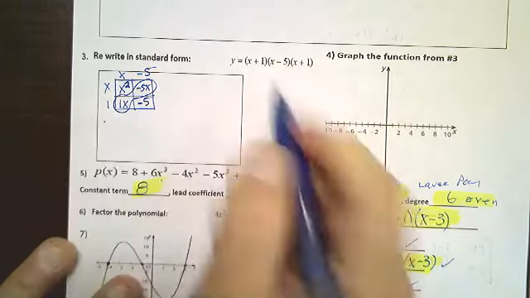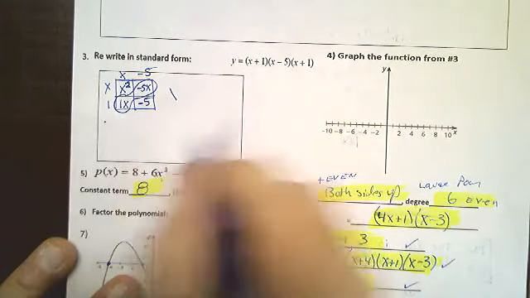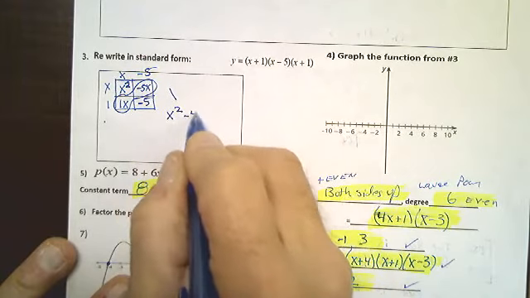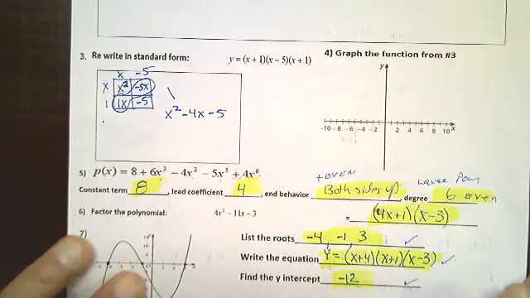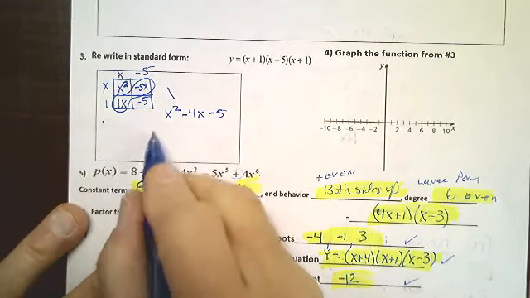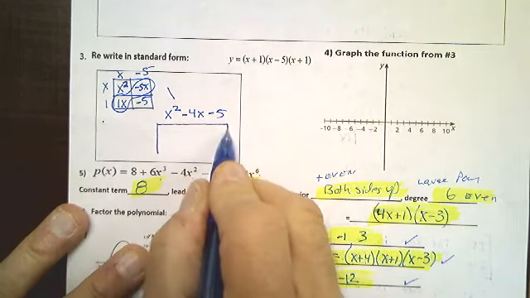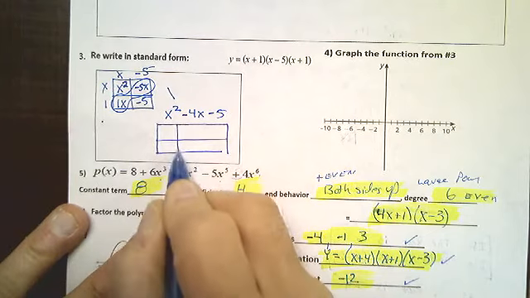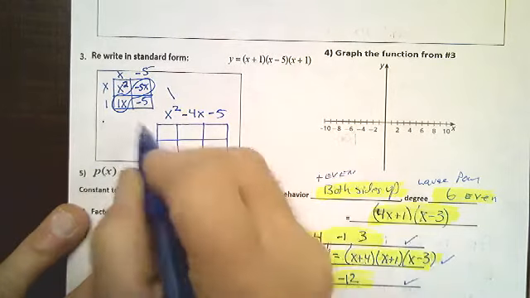Put the x squared in front. Then we're going to do it again, multiplying by that x plus 1 right there.